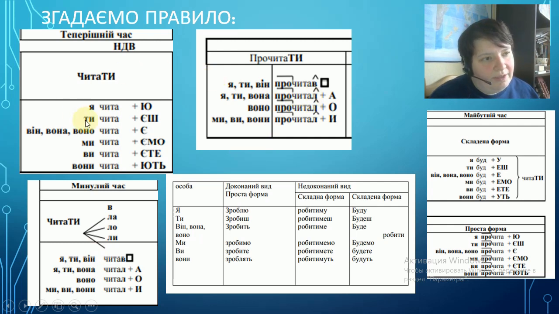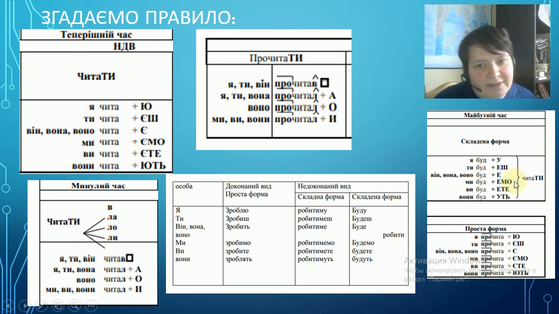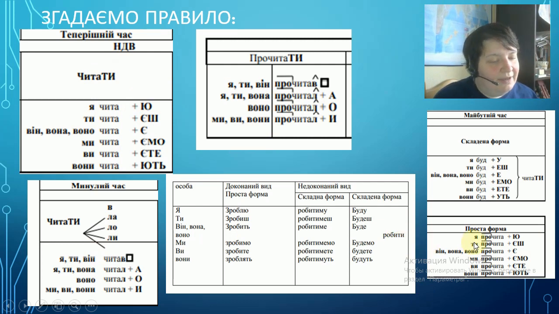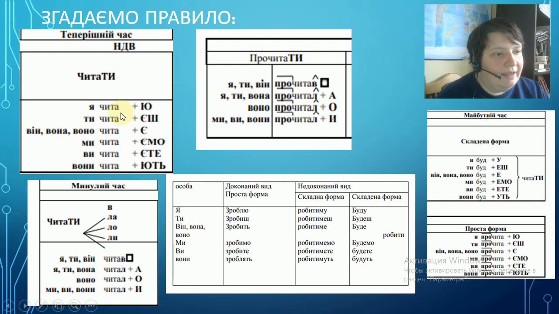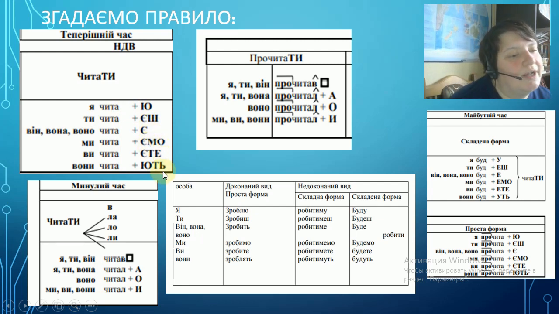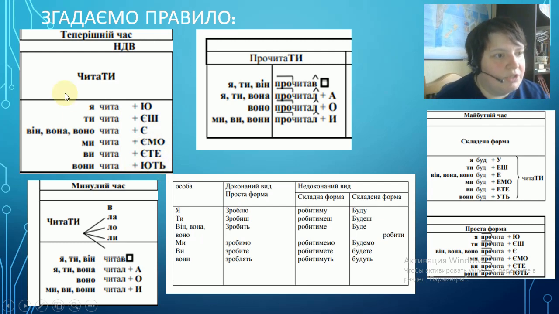The present tense and the future tense have endings that are almost the same in the imperfective aspect of the verb. Like here, я читаю, ти читаєш, він читає, ми читаємо, ви читаєте, вони читають. So the verb is читати, to read. We take away ти and change these endings.